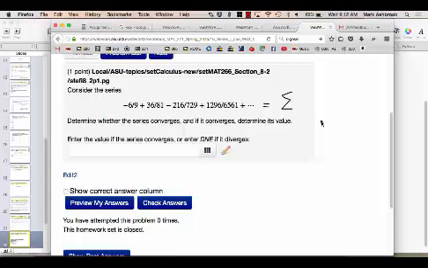So I'm looking at the sequence and trying to figure out what formula is going to get me this sequence. When n is 1, I get negative 6/9. When n is 2, I get positive 36/81, etc. So what formula using n will generate the terms of the sequence?